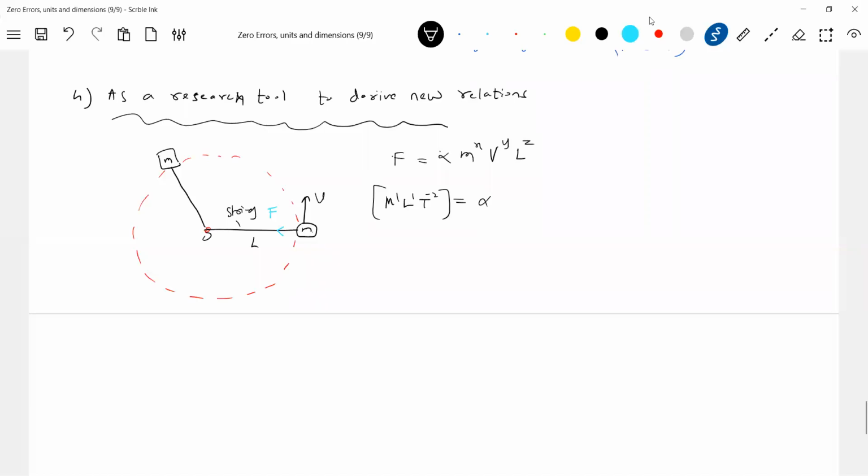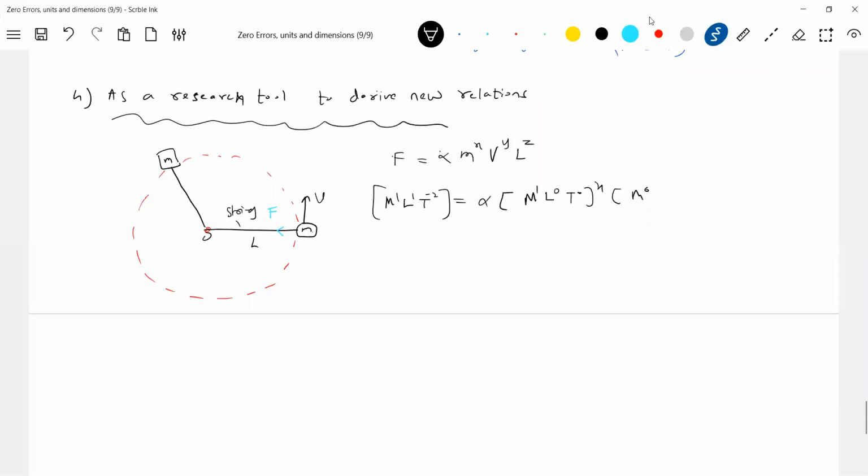Even the same, I am including myself also in that wrong methodology, not only this one. What are the dimensions of M? M1, L0, T0, to the power x.